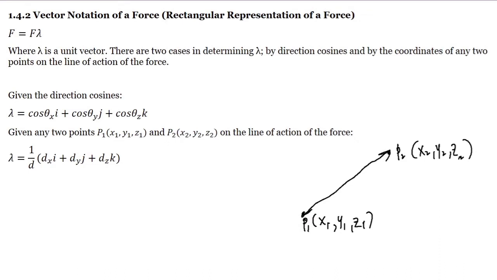Now, if we are using the coordinates, we have the x direction referring to the difference between x sub 2 and x sub 1, and of course, that is dx, or the distance in x.